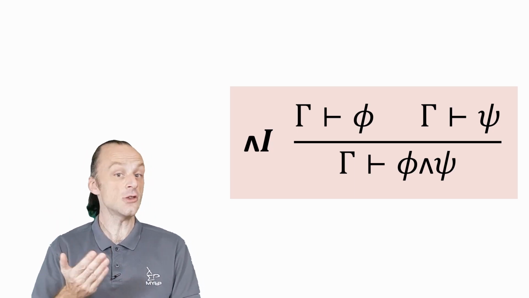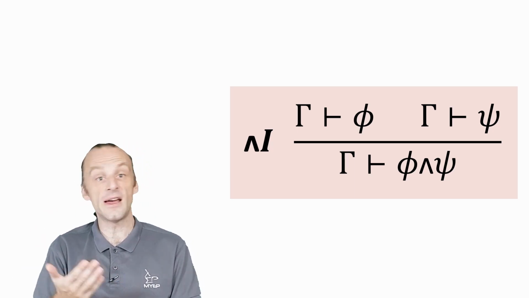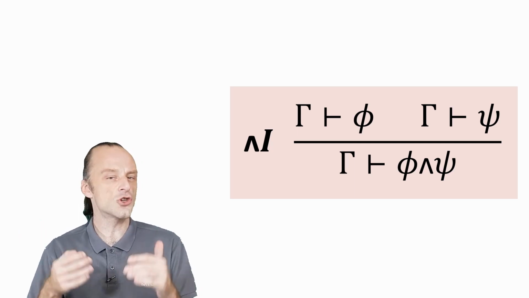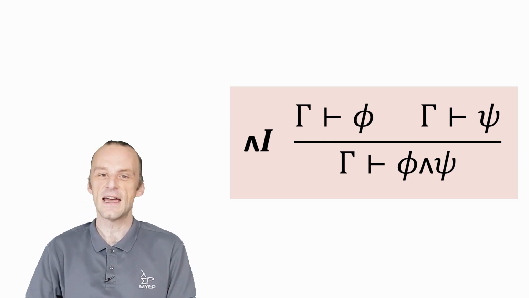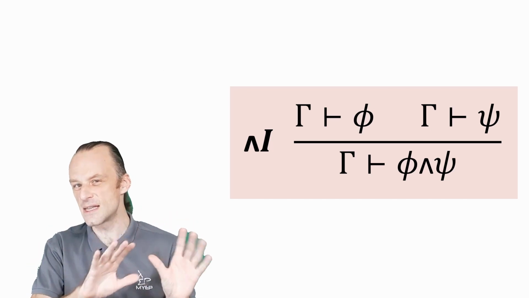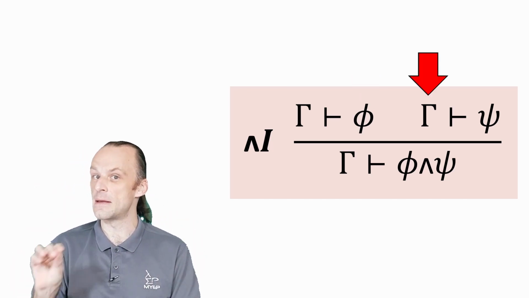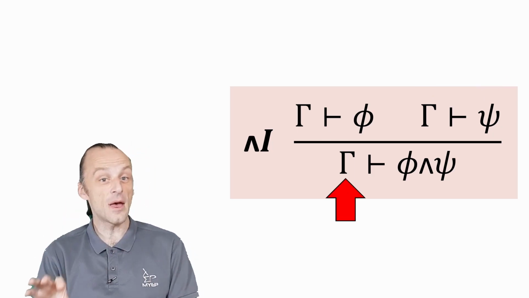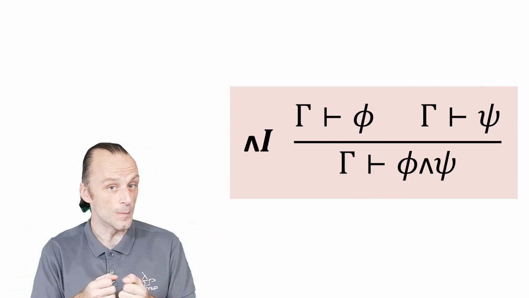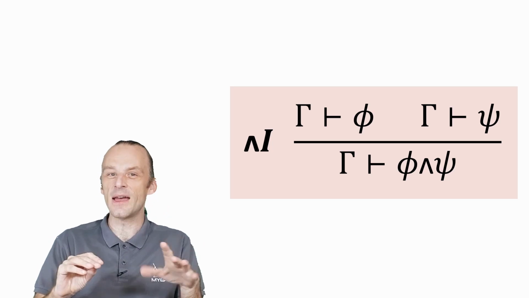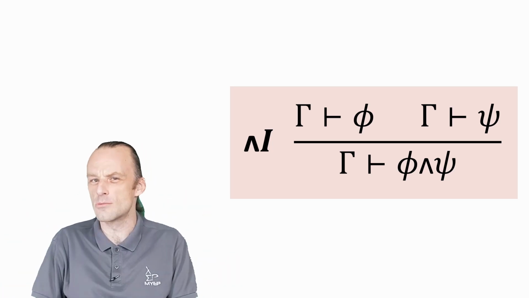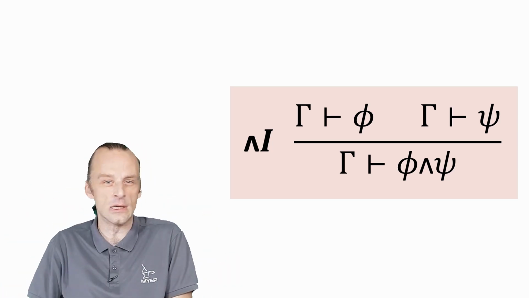Instead, we're saying that each one of them is implied by a larger set of premises, which is shown by the capital Greek letter gamma. So the syntax is this: if gamma implies phi and gamma implies psi, then gamma implies the conjunction of the two. The set of premises gamma is all the background assumptions that you need before any reason can begin.